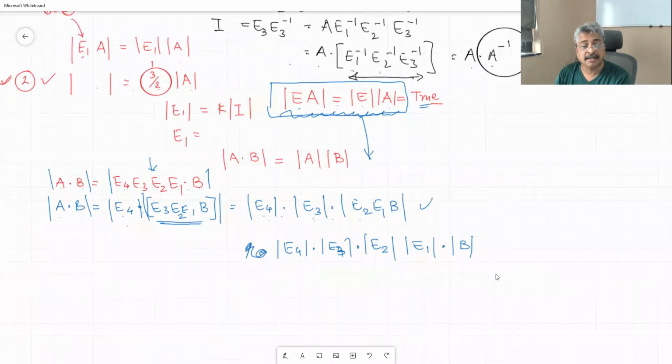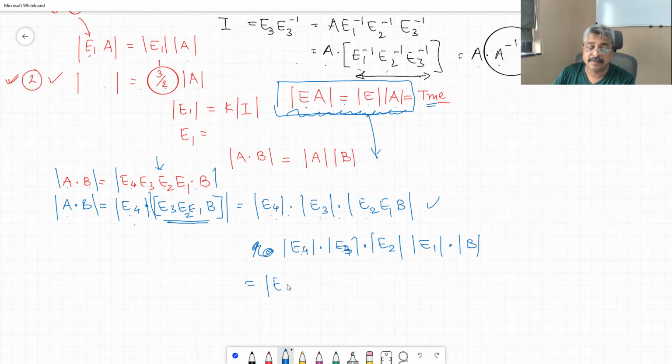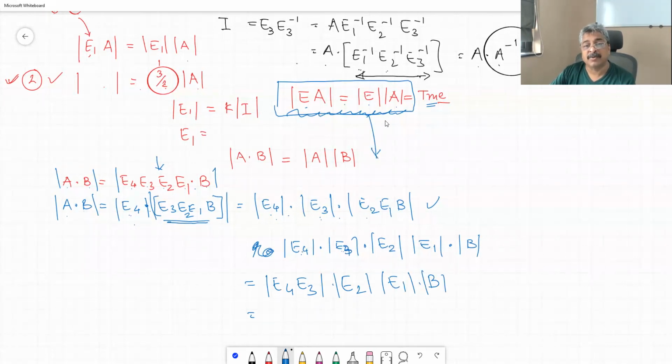Okay, let's go, we have come this far. So we have got this completely product form. Now we are supposed to say that I can always combine these two to get E4 E3 into E2 into E1 into B. Yes, because I am applying it in this direction now.